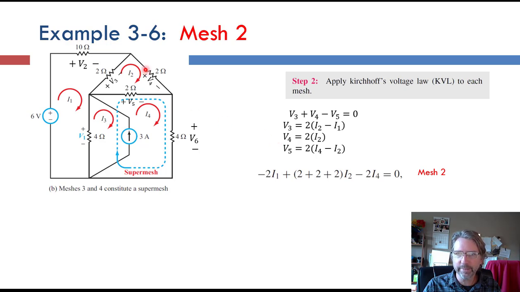V4 is all by itself here, and current is going from plus to minus. So V4 is just 2I2. And V5 here, we've got I2 going from minus to plus, and I4 going from plus to minus. So V5 is 2 times I4 minus I2.